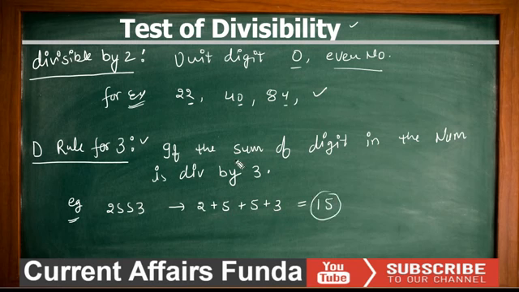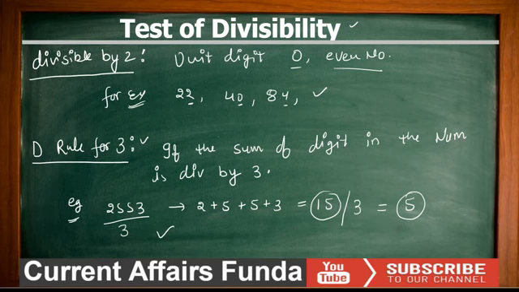Now the sum of the digits is 15, which is divisible by 3, so this number is divisible by 3. If the sum of the digits is divisible by 3, then your whole number is also divisible by 3. It's all about the basic funda that applies for the divisibility rule of 3.